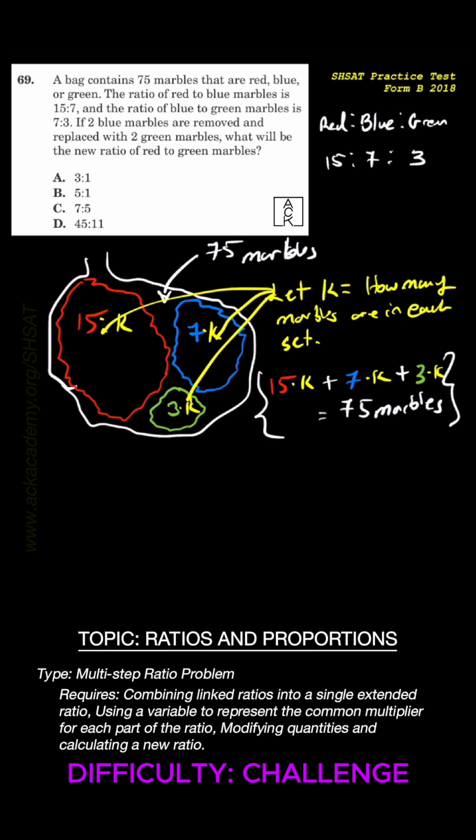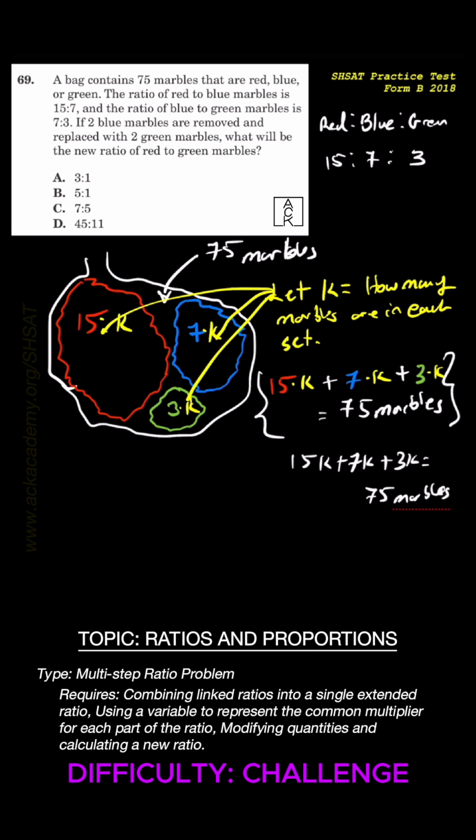Now, how do we find the k? We can find the k by noticing that 15k plus 7k plus 3k is equal to 75 marbles.